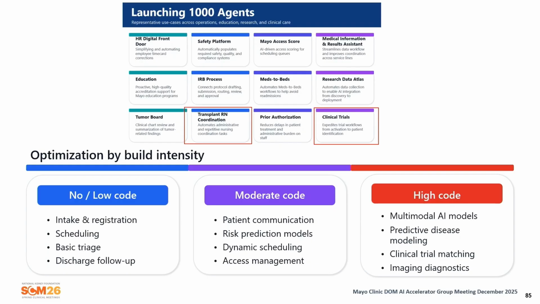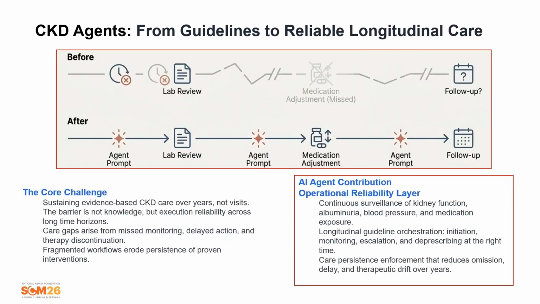So our goal is not to replace our transplant coordinator, but to use the AI agent to help draft the reply and send the lab order to the patients, to reduce the administrative burden.